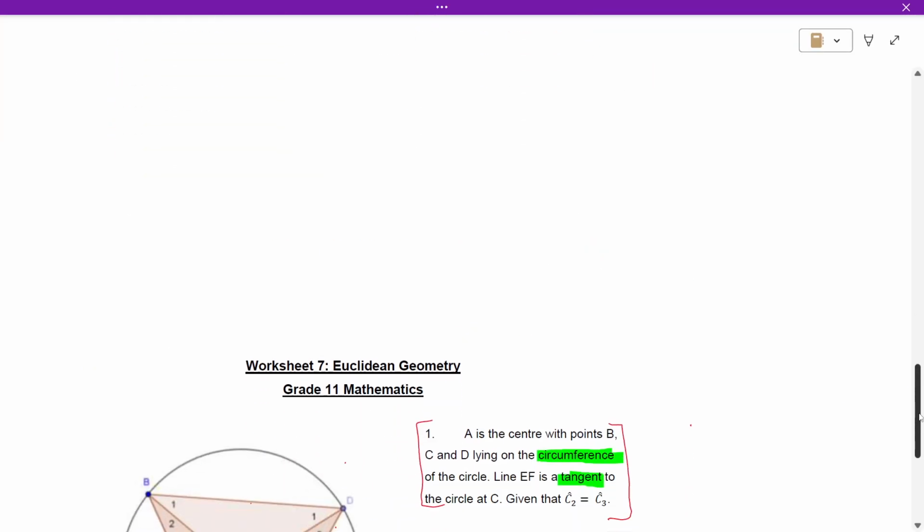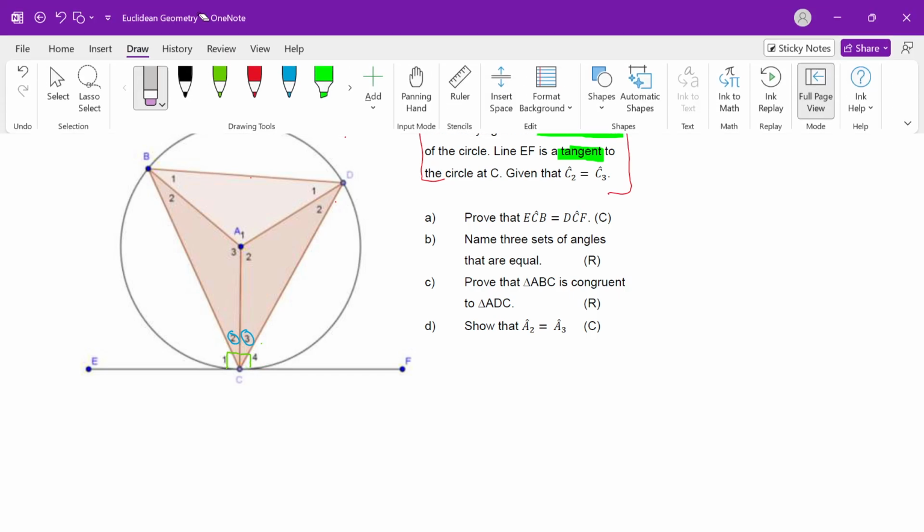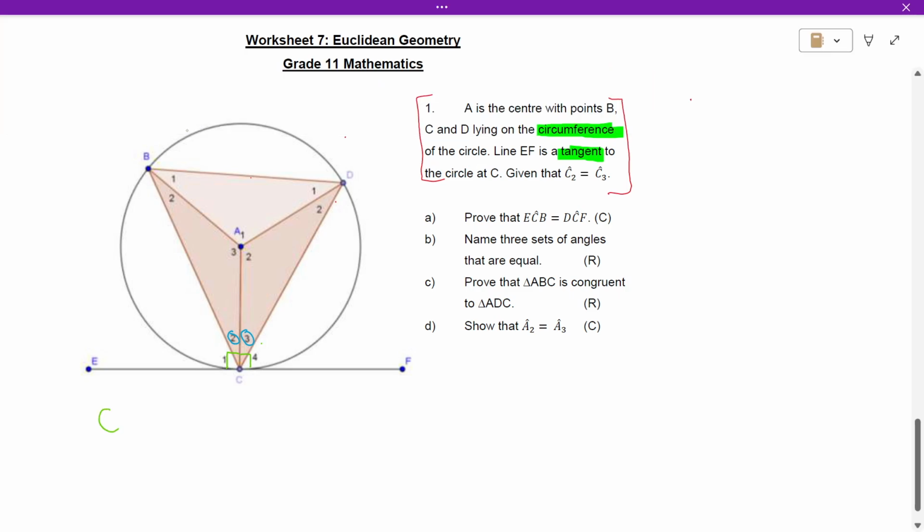They want us to prove that ECB, in other words, this angle here, which is also angle C1, is equal to angle DCF, which is also C4. First things first, we just wrote in our diagram that angle C1 plus C2 is equal to 90 degrees.